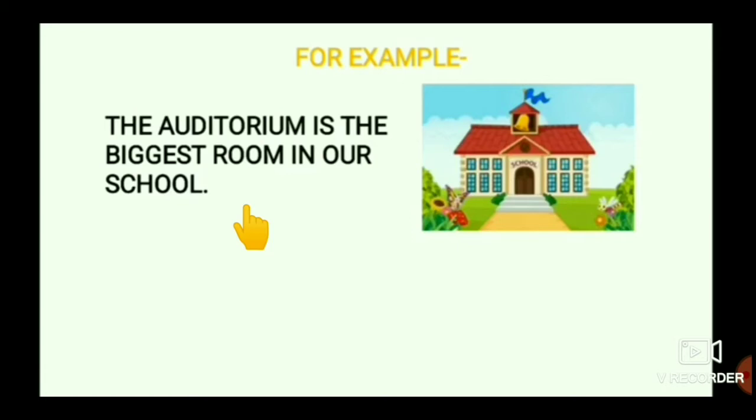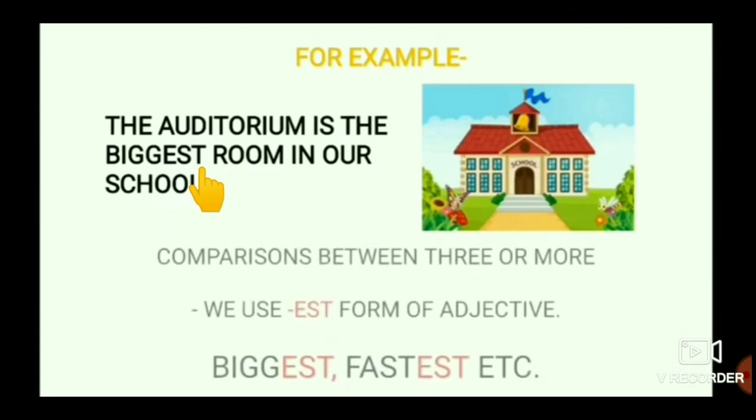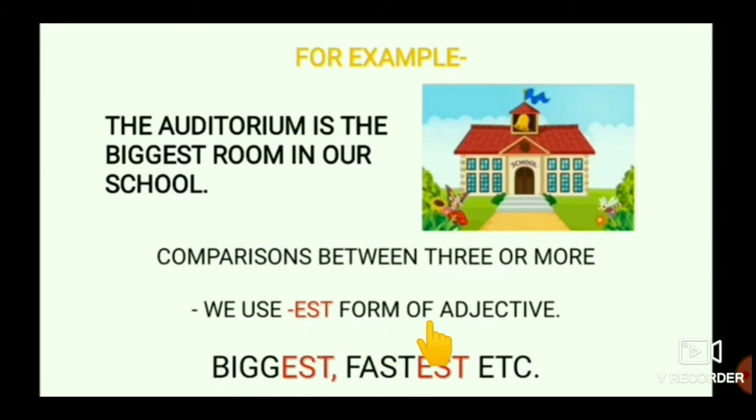So here we add the letters EST to the adjective. Here the comparison is between more than two things. That's why we use a superlative adjective, that means the EST form of the adjective. Understood, children? Biggest, fastest.